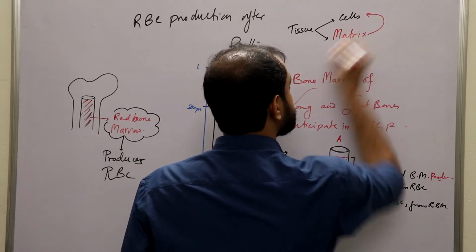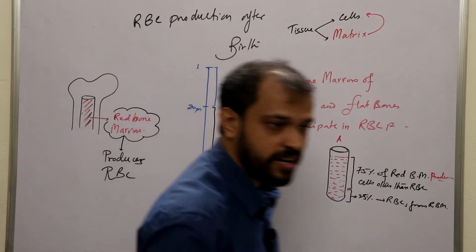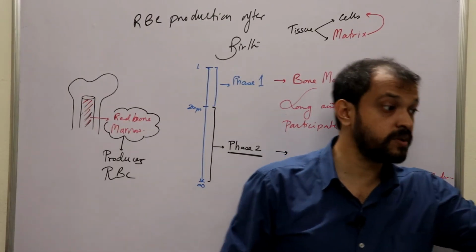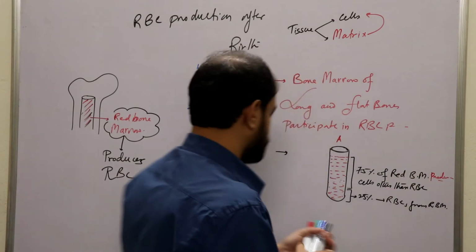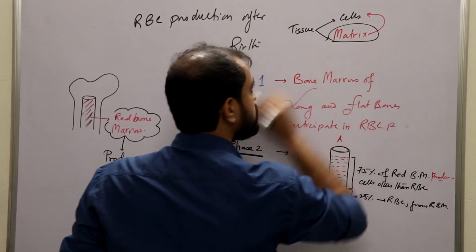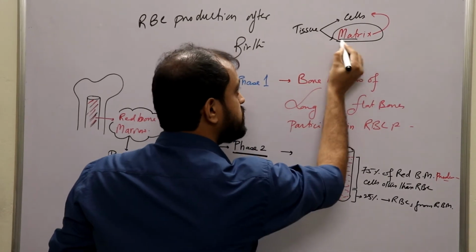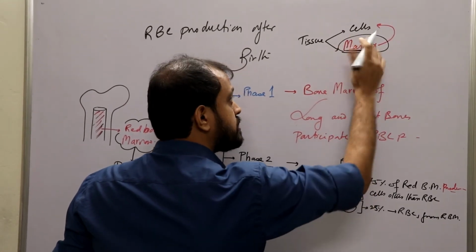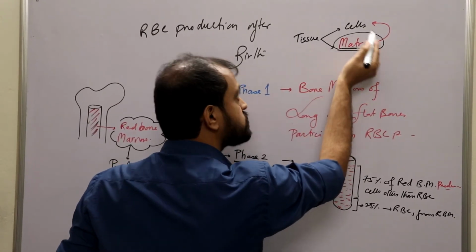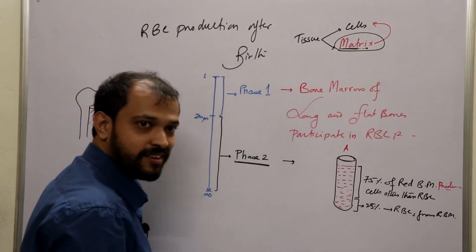Matrix supports these cells by providing some very basic things known as trephons. Mostly trephons are used by WBCs. That means matrix is actually the non-living portion of a tissue which supports the living portion, the cells. You should understand this first.